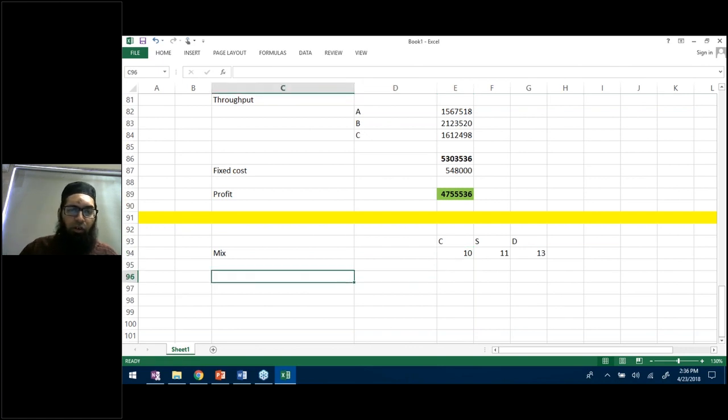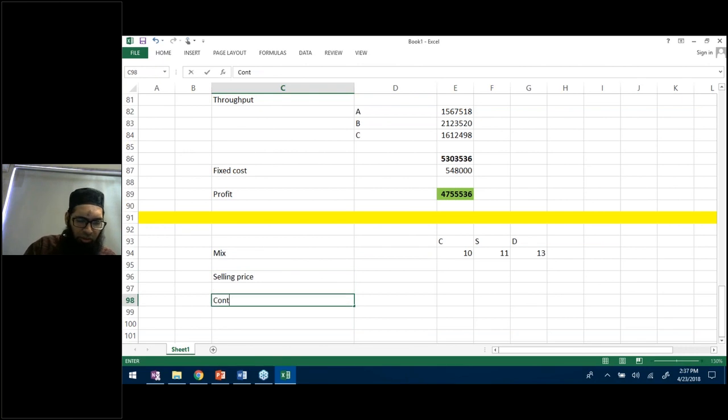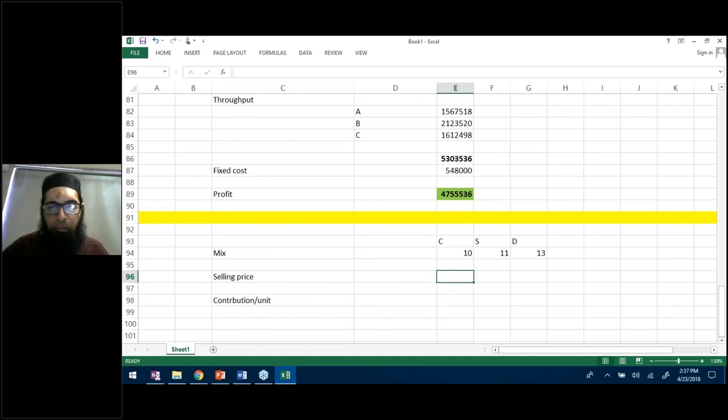Now to calculate the contribution, I will be requiring the selling price and the contribution per unit of each product, first of all.